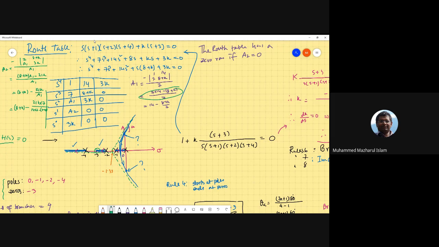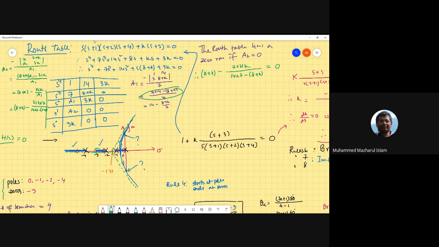This is A2. Now if A2 is equal to 0, therefore 8 plus k minus the whole thing, 14 into 7 minus 8 plus k and 7 into 21k should be equal to 0.